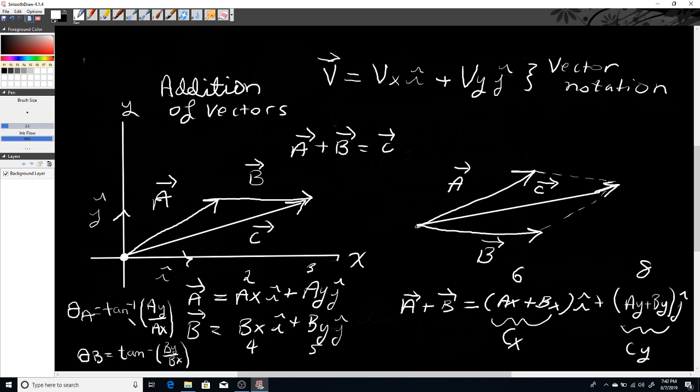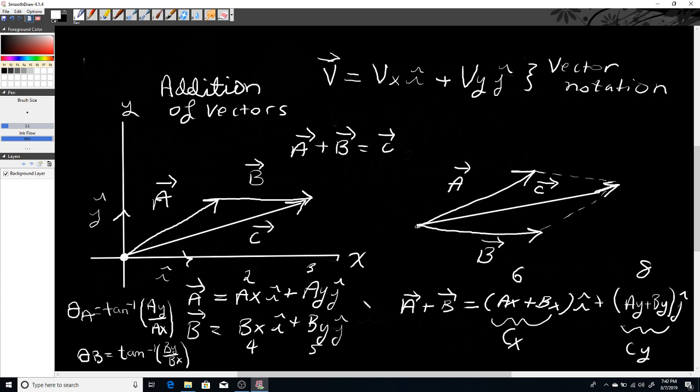Right, so in this case, the direction of vector A is represented by the arctangent of the y component divided by the x component. And in this case, the direction of vector B is represented by the arctangent of this component divided by this component, the y divided by the x component.